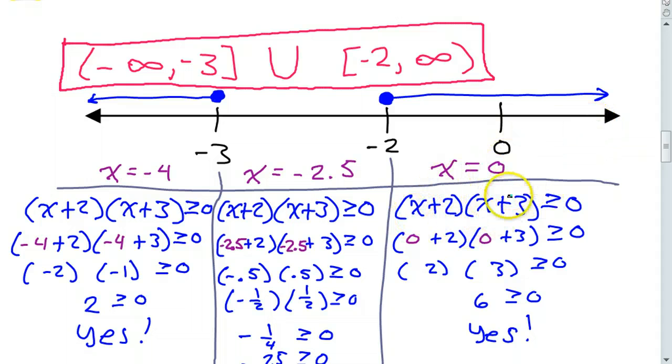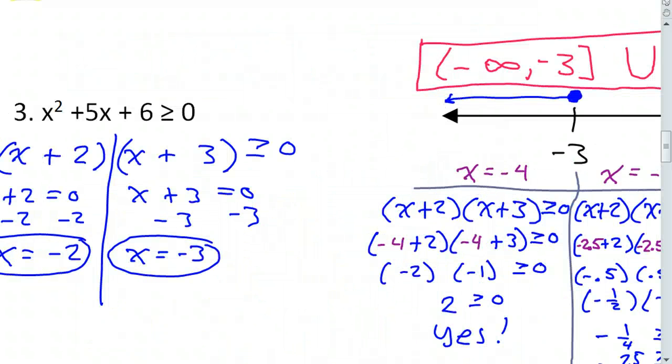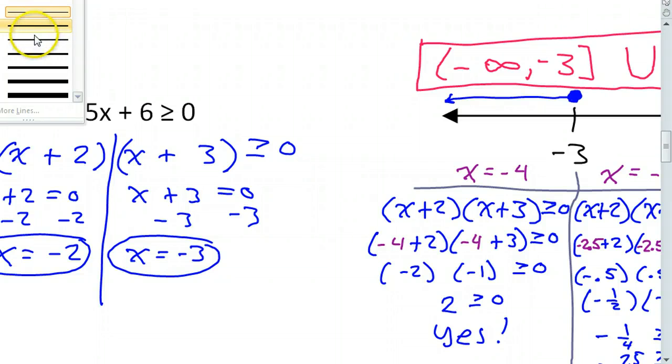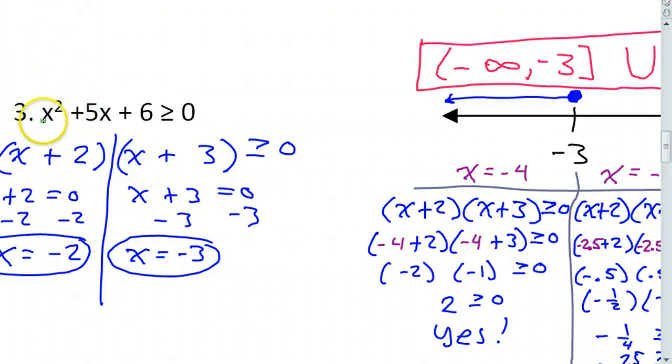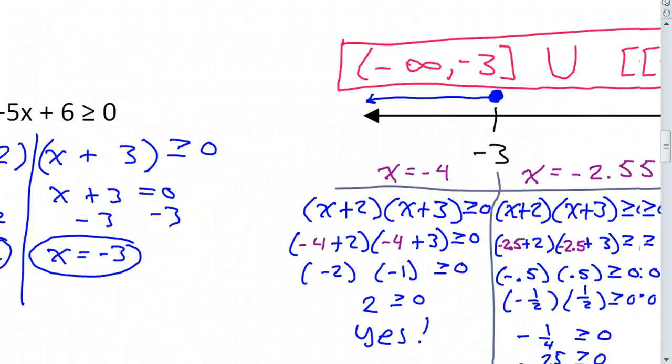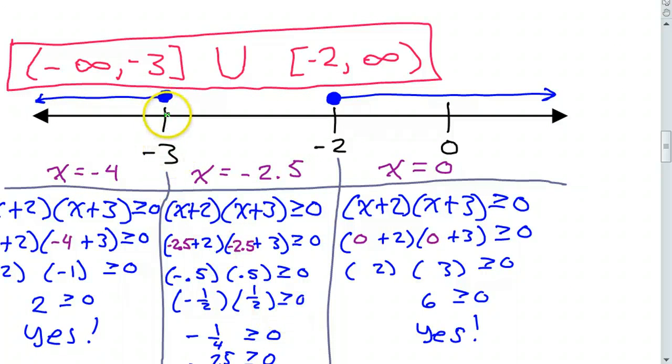I forgot to mention this on example 2, but I always like to connect this back up to what's happening graphically. Please understand that this is a parabola, an upward facing parabola because it's positive, and these are the x-intercepts of the parabola that we found.